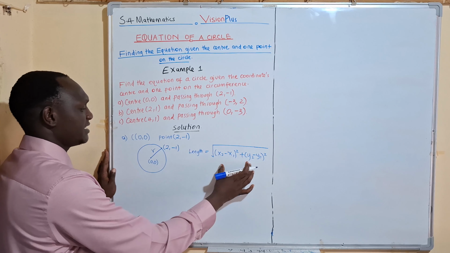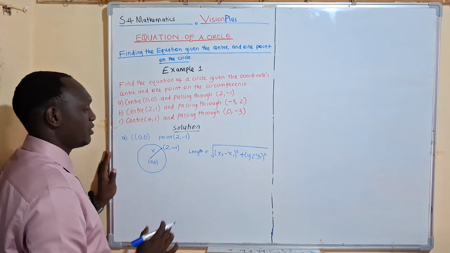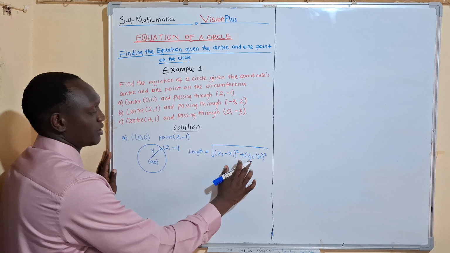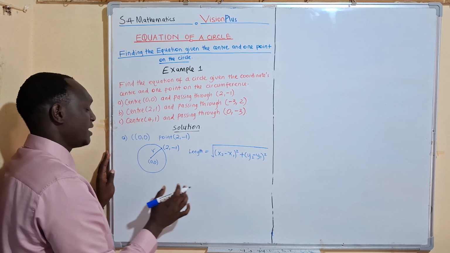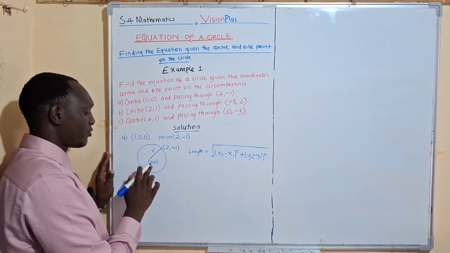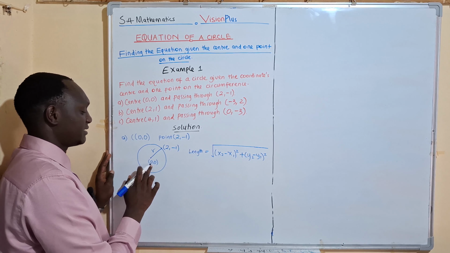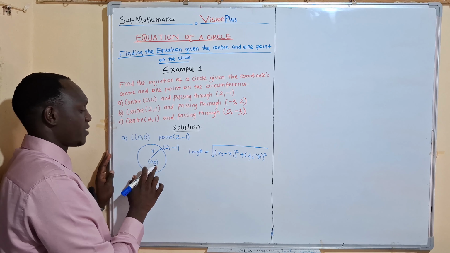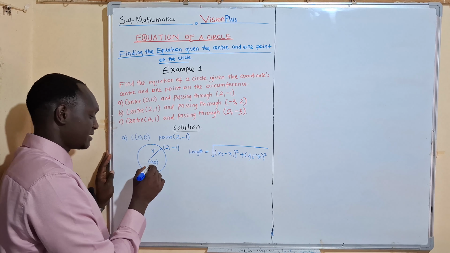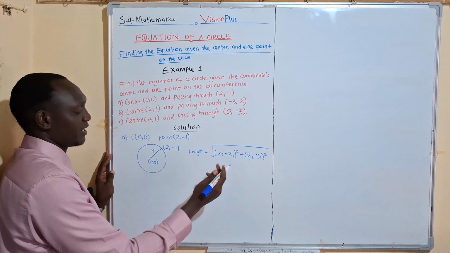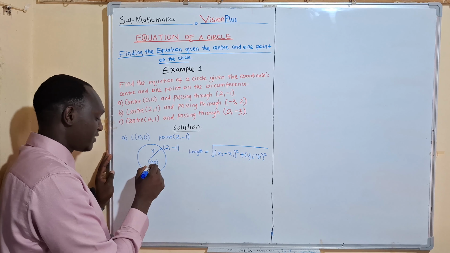So if this is the formula, now what is x2, what is x1, what is y2, what is y1? These are the coordinates. Remember, the first number of the coordinate is always x, and the second one is y. So this is x, this is y, this is x, this is y, but we are calling them x1, y1 and x2, y2.